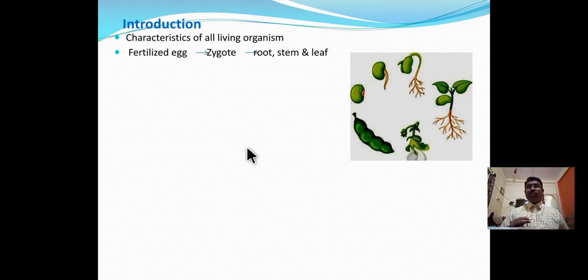Then it produces root, stem, leaf and flowers. The duration of this process shows variation. It is associated with genetic characters.